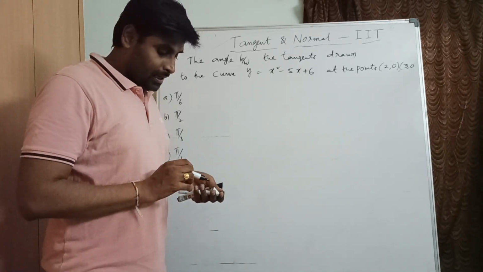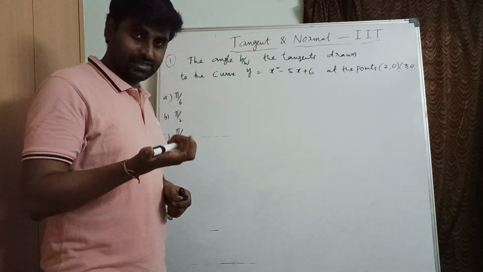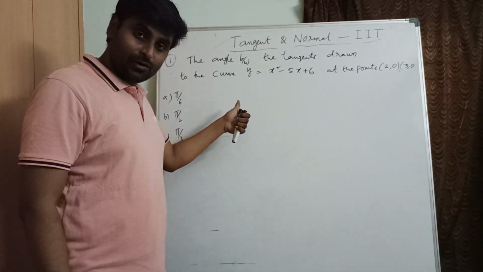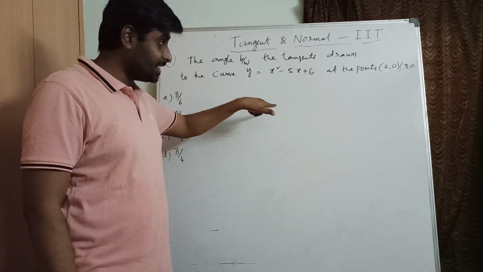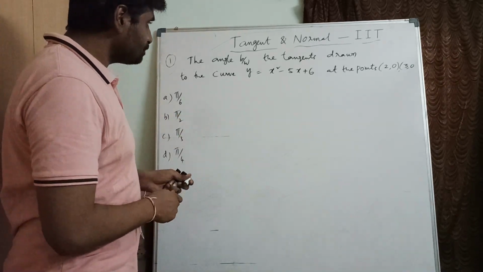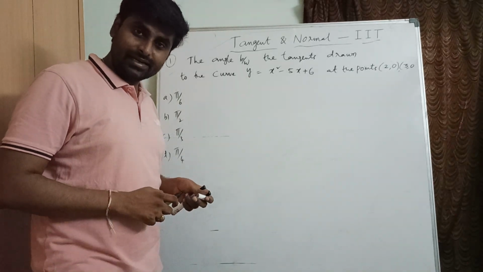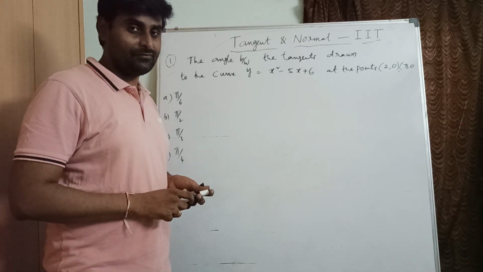In every question we'll discuss subjective and objective methods. First of all we'll go through solving this problem by the subjective method, then we'll solve the same problem in an objective manner. Now generally, how can you find the angle between two tangents? Tan theta equals modulus of (m1 minus m2) by (1 plus m1 m2).